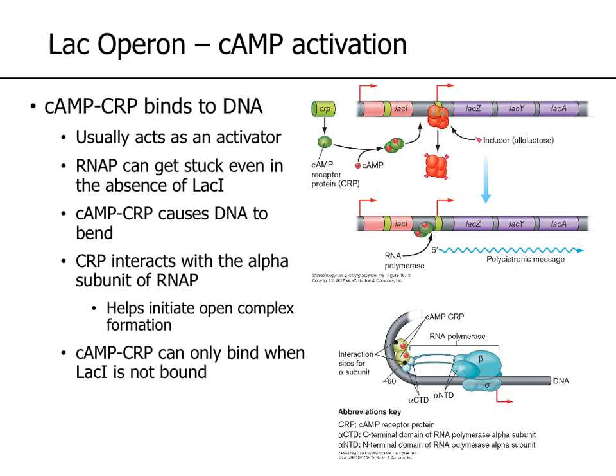So, we made it sound like RNA polymerase goes and finds transcription and it's easy, but in reality it does struggle a little bit, and so that's why we have these activators that can help. And then we have things like the cAMP CRP. So again, it binds to the DNA and it interacts with the RNA polymerase and helps it get going and helps it form the open complex.